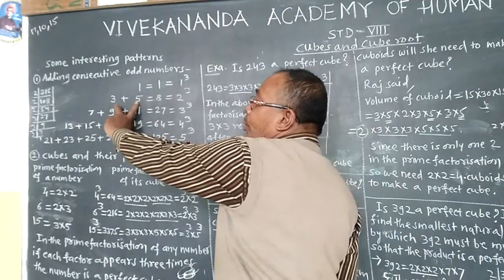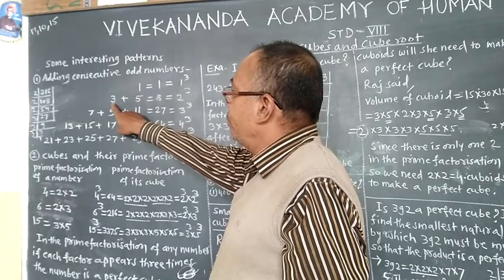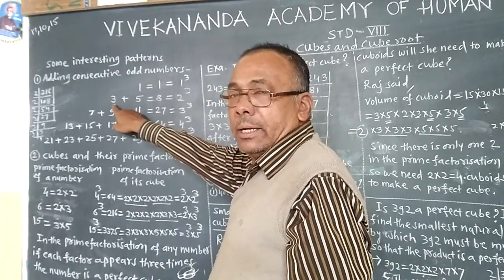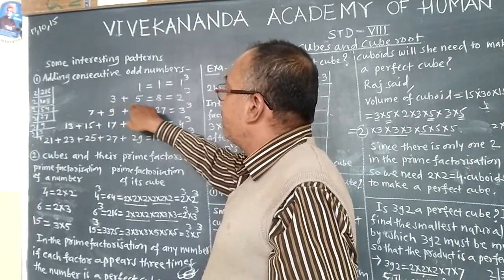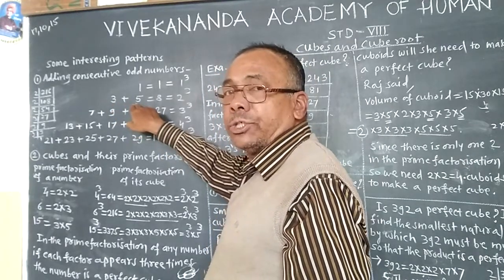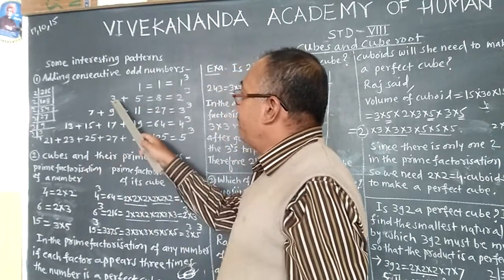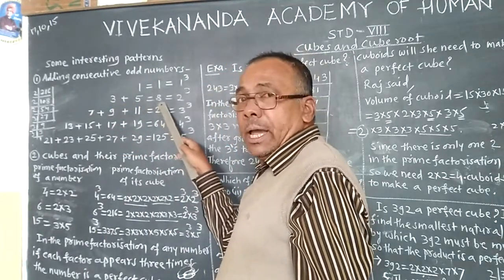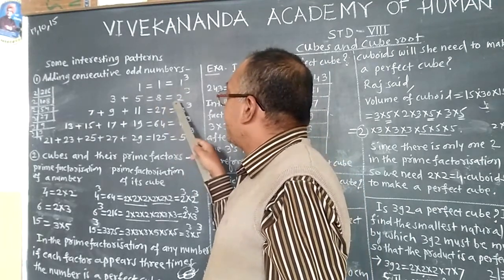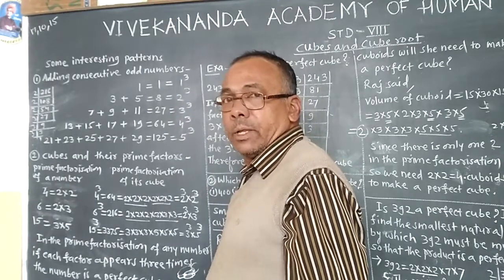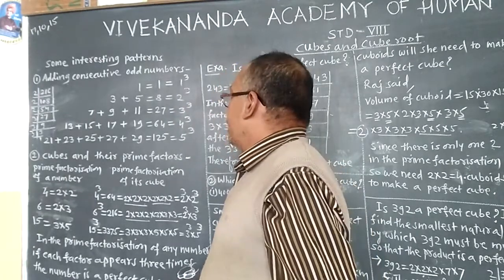Now we have to take two odd numbers. After 1 we have 3 and 5. So 3 plus 5. Here two consecutive odd numbers we have taken, and 3 plus 5 is equal to 8, and 8 can be written as 2 cube, 2 into 2 into 2, that is equal to 8.